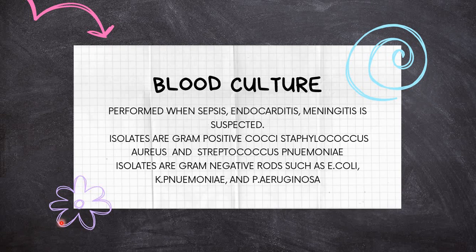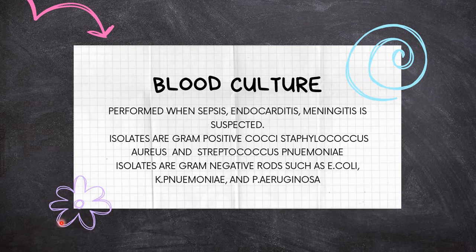also called BHI broth. Whether 1 or 2 bottles are included varies among hospitals, and blood cultures are checked for turbidity or for carbon dioxide production daily for 7 days. It's very essential to check the turbidity daily for 7 days or even longer. If growth occurs, gram stain, subculture, and antibiotic sensitivity tests are performed.